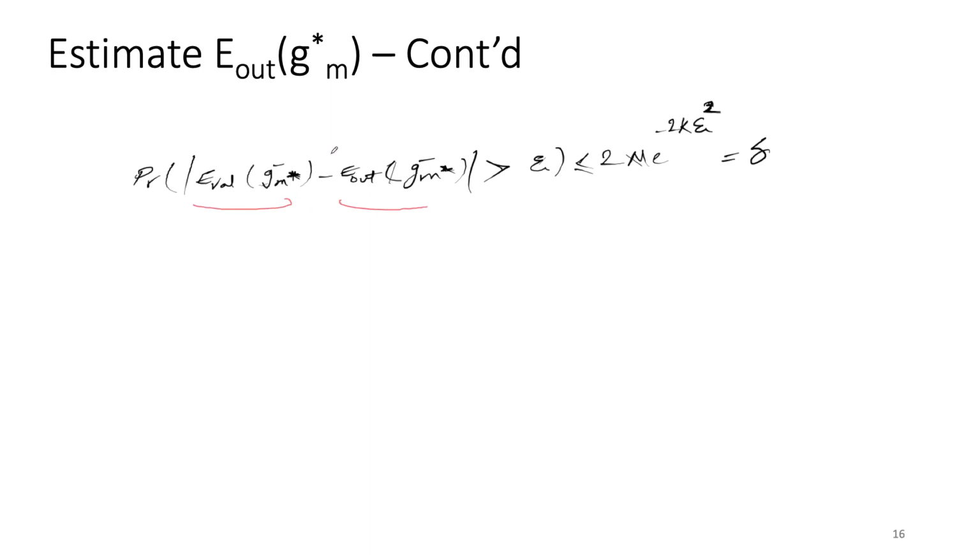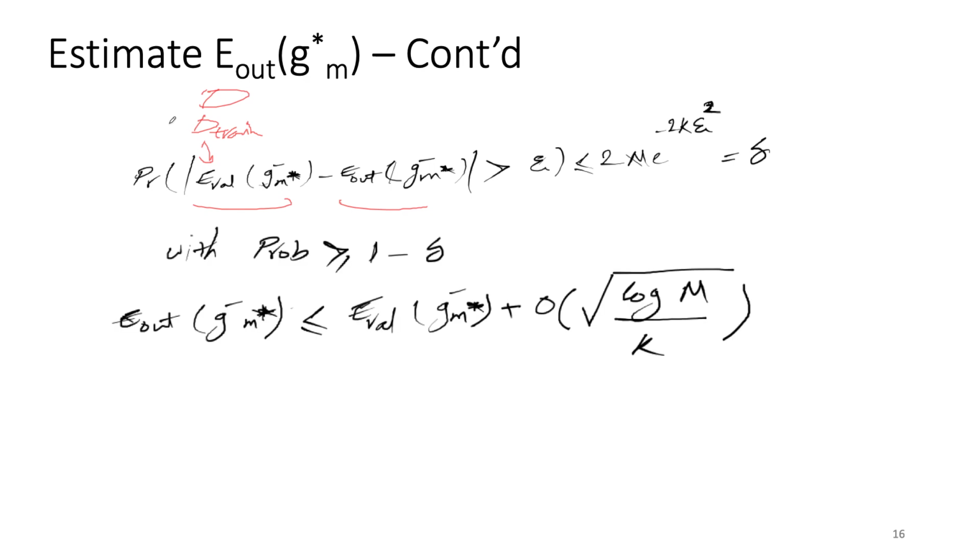So using the Hoeffding's inequality, now we can expand it to find the differences between the validation error and out of sample error in this case, instead of the first D or D train, right? Now this is the third expansion of the Hoeffding's inequality.